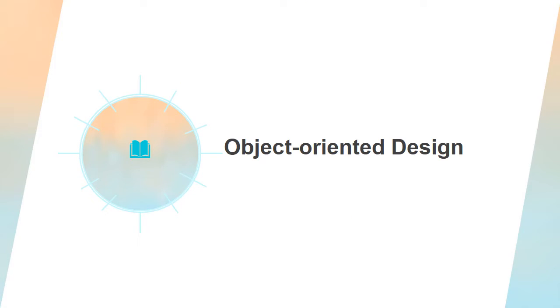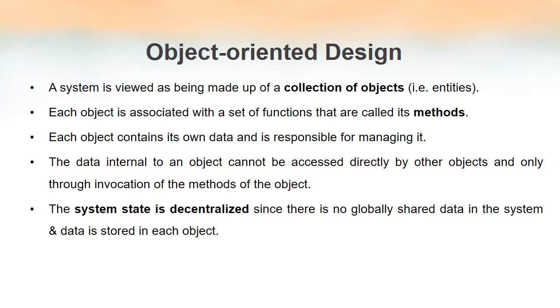The second approach to design a software is known as object oriented design. If it was functions in the case of function oriented design, in object oriented design the importance is given to objects. So what is an object?